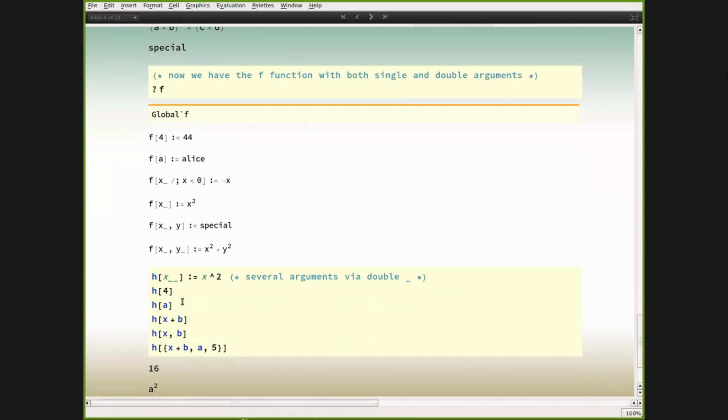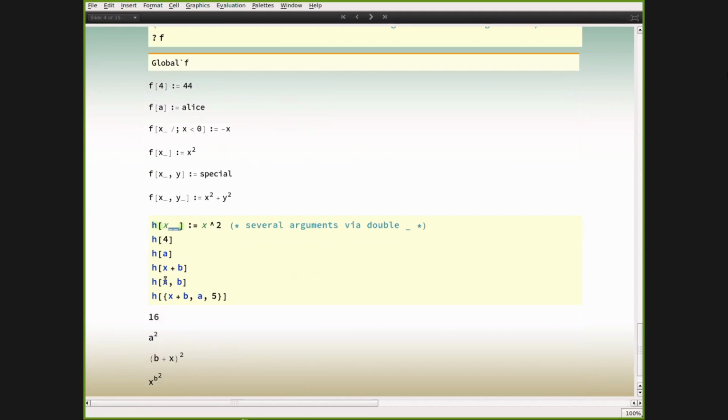But in general, you can say that your function, let's take another function h, will have an argument which is not a single expression but a sequence of some expressions. And now you can see how it is squared.